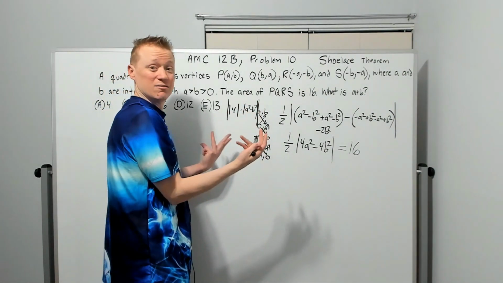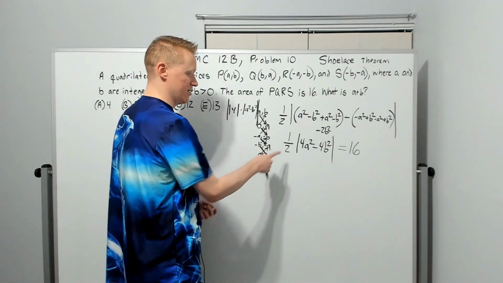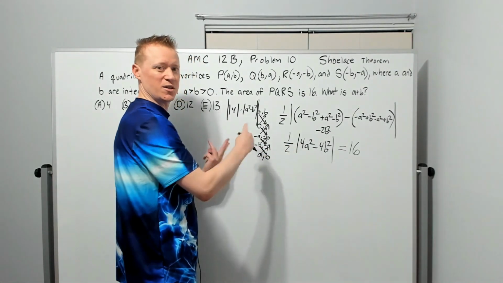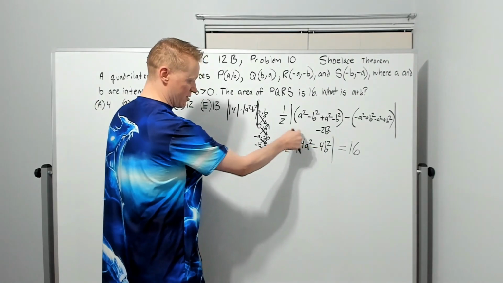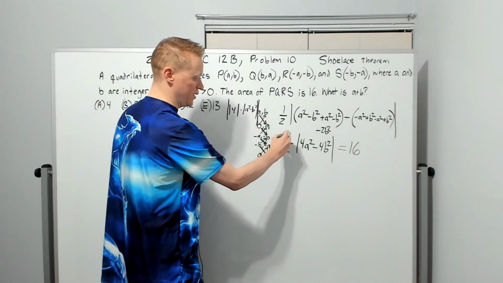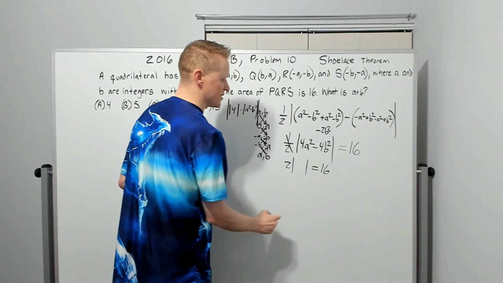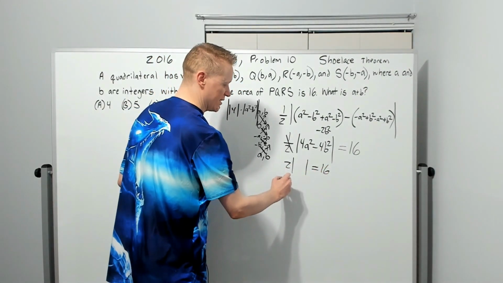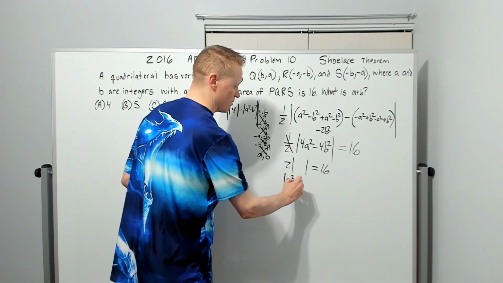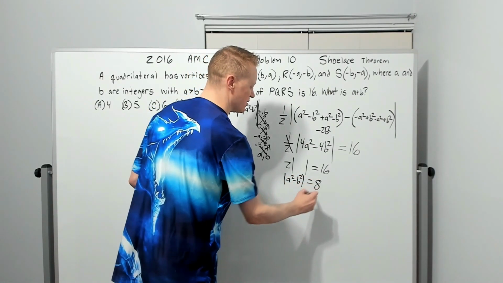Just take it out. You can do that with constants, as long as it's positive. And if it was negative, you would just switch its sign when you pull it out. So we're going to factor the 4 out, cancel the half here. That's going to give us 2. So we're going to have 2 times an absolute value equals 16. You'll divide by 2, get the absolute value of a squared minus b squared is equal to 8.